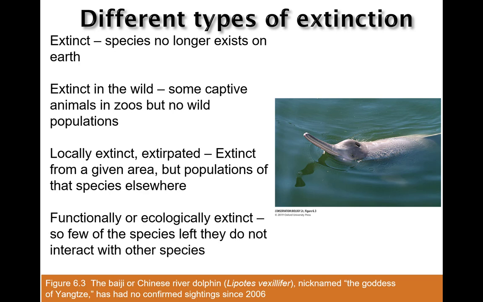We also have locally extinct populations, something that's extirpated. They're extinct from a given area, but the populations of that species are elsewhere. So when we think of that, think of something like wood bison in western Alaska. That was locally extinct until we reintroduced them. Another example for Alaska is the muskox.